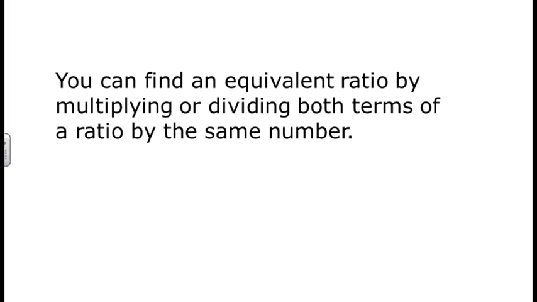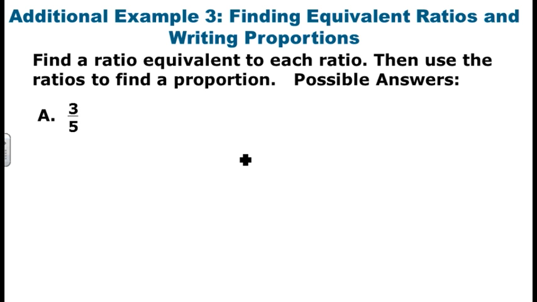You can find equivalent ratios by multiplying or dividing both terms of a ratio by the same number. So if I have one singular fraction, I can make changes to it to see what other equivalent fractions might be. So 3/5, for example. I can make 3/5 bigger or smaller, and it would be an equivalent fraction so long as I change at the same rate.